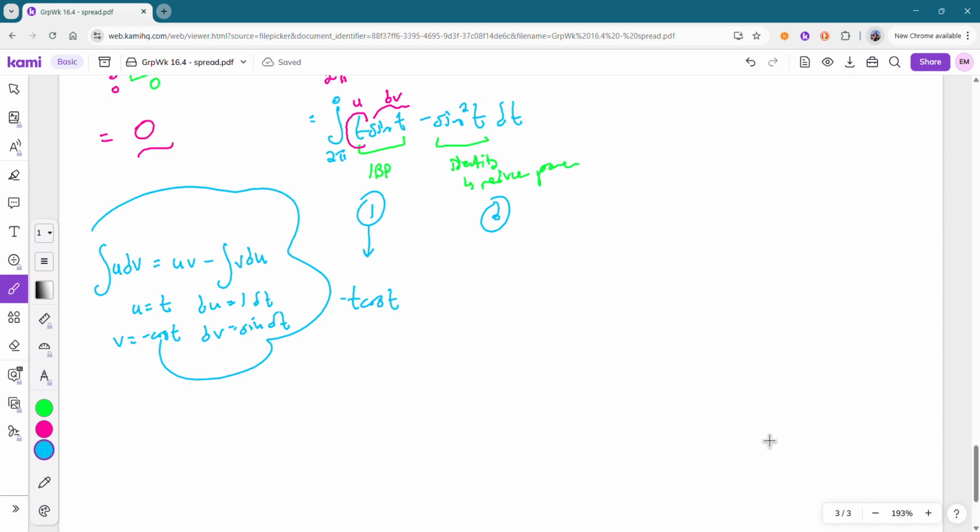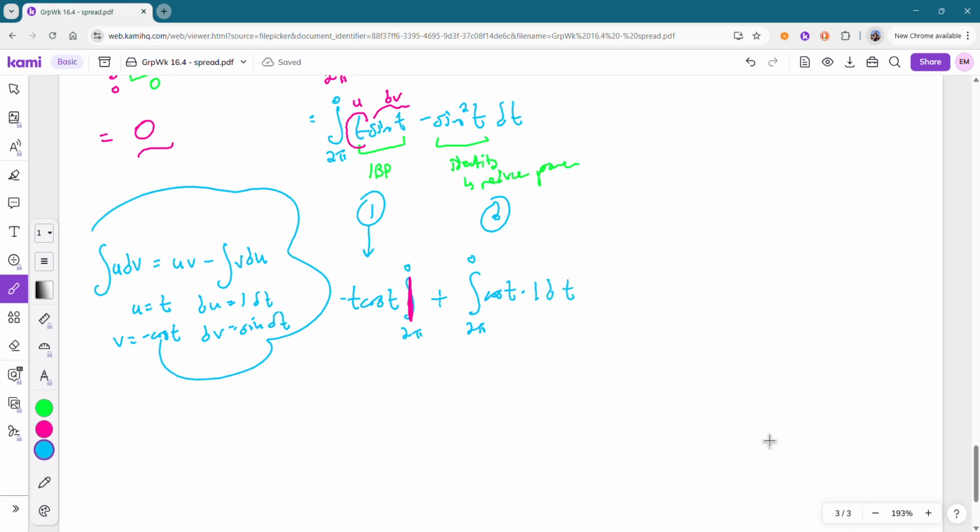And since we are computing a definite integral, we'll evaluate that from 2 pi to 0. Subtract the integral from 2 pi to 0. I just realized I wrote that in a crazy way. We want to not integrate, but evaluate. That should be a vertical line. And then we'll integrate v, which is negative cosine. So that negative, I'm going to make that a big plus out front. Cosine t times du, which is just 1 dt.